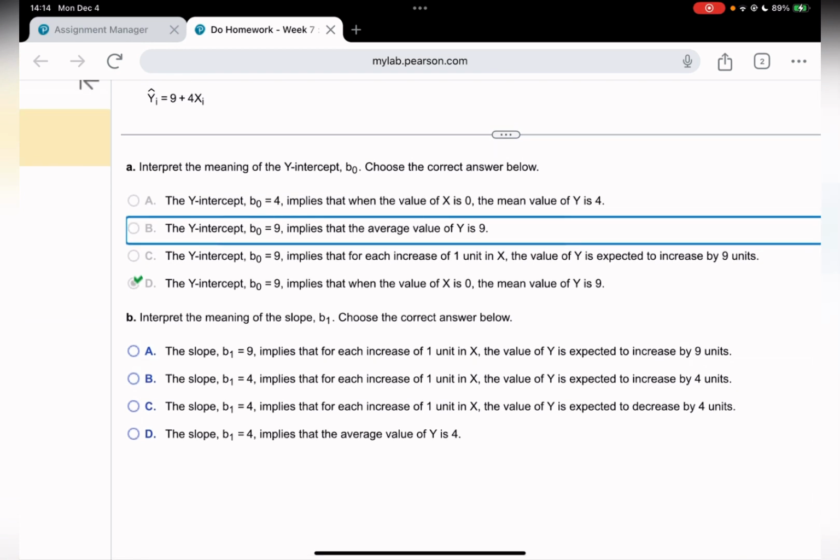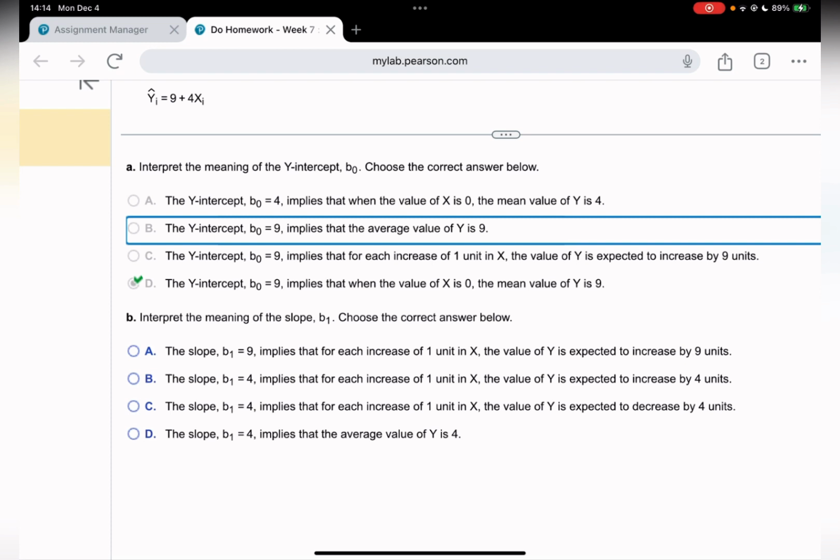So A is falling out, because it says 9, so B, C, and D can be. The slope b1 equal to 4 implies that for each increase of 1 unit in x, the value of y is expected to increase by 4 units. This is the answer.